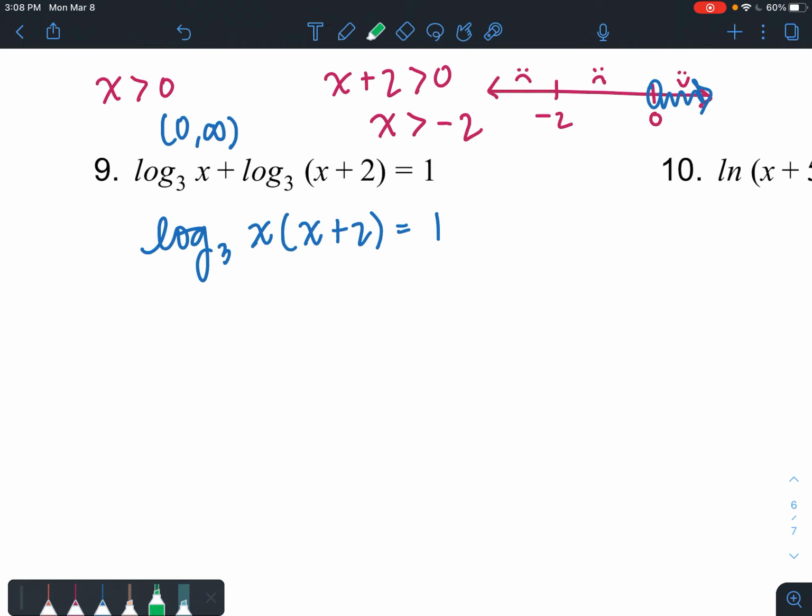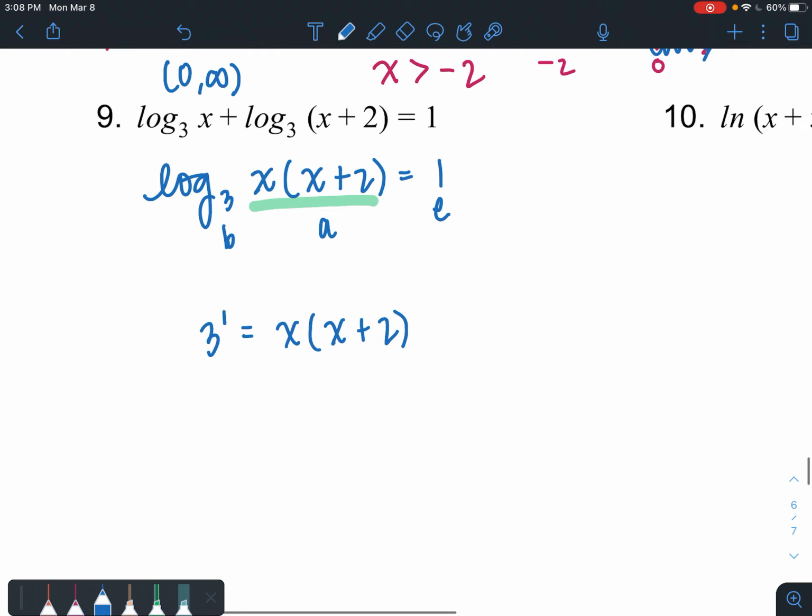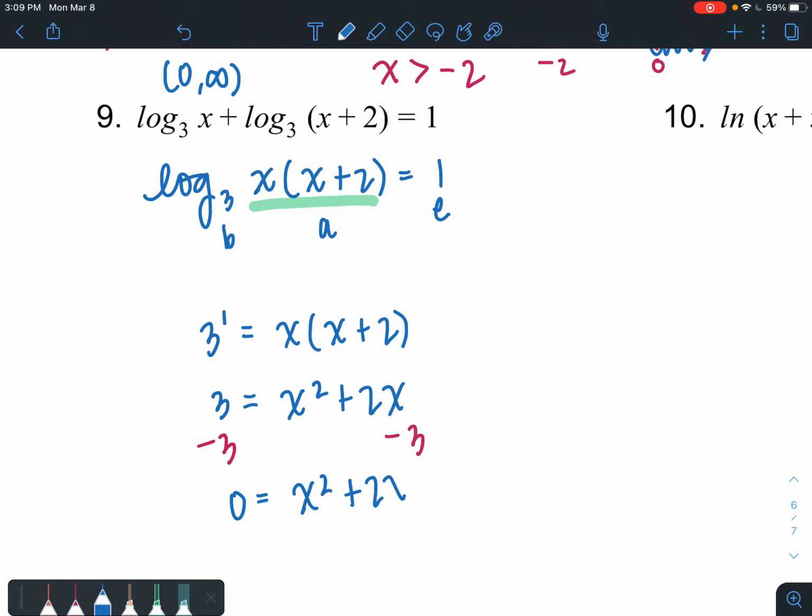Then this whole thing right here, this is my B, this is my A, this is my E. So I have 3 to the 1 equals x times x plus 2. You can go ahead and simplify that to be 3 equals x squared plus 2x. And now I can solve by subtracting 3 from both sides and factoring.